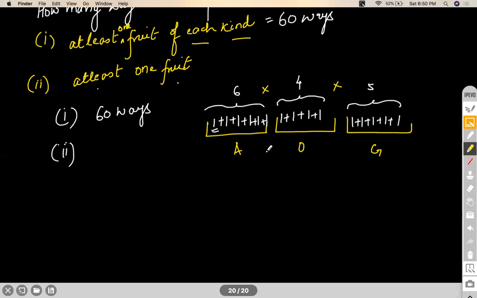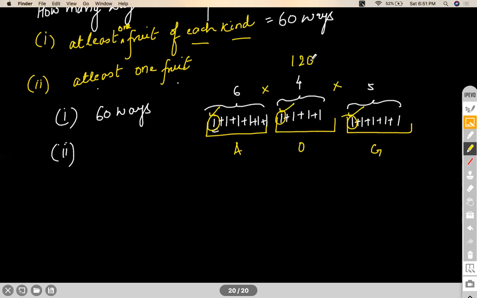But the answer that you're getting from here is 120, which is not the right answer, because this also includes one such case where you have put nothing at all in these baskets. Let's say you have decided to go with no apple, no orange, and no guava. That is also a part of this 120. Correct?